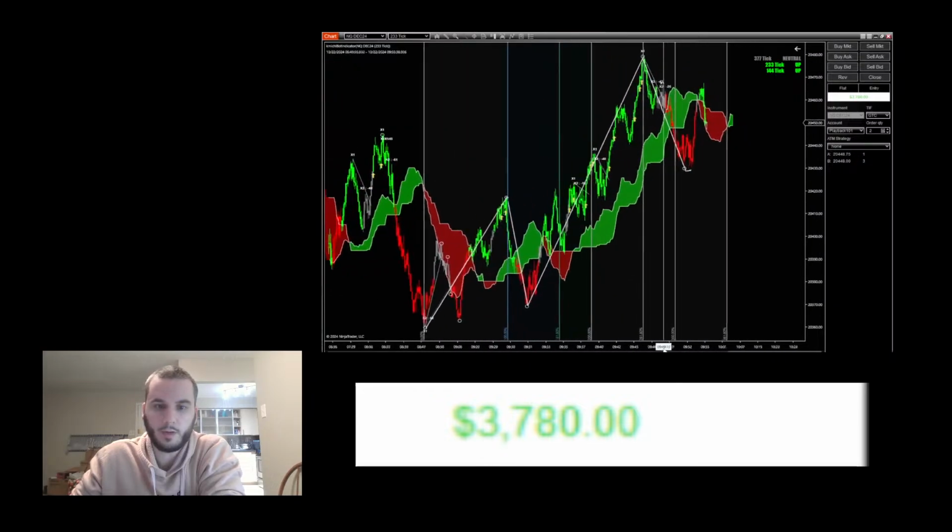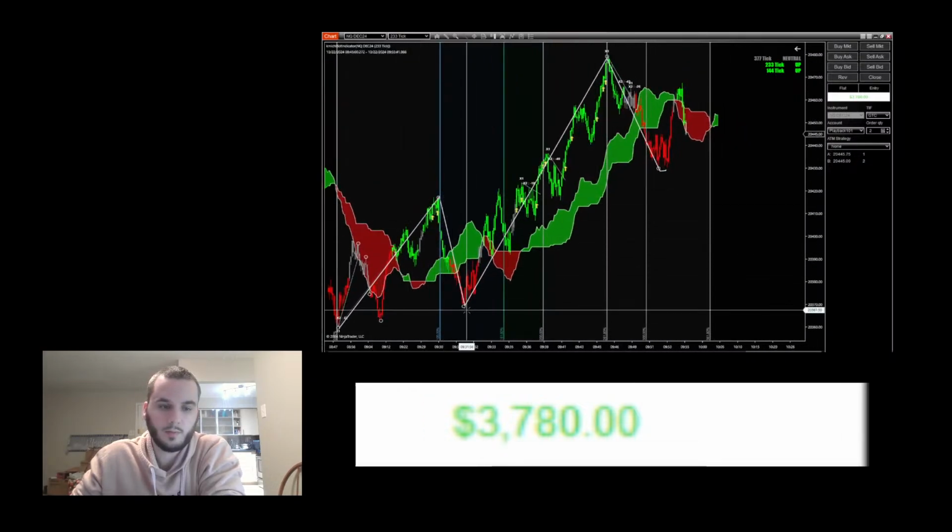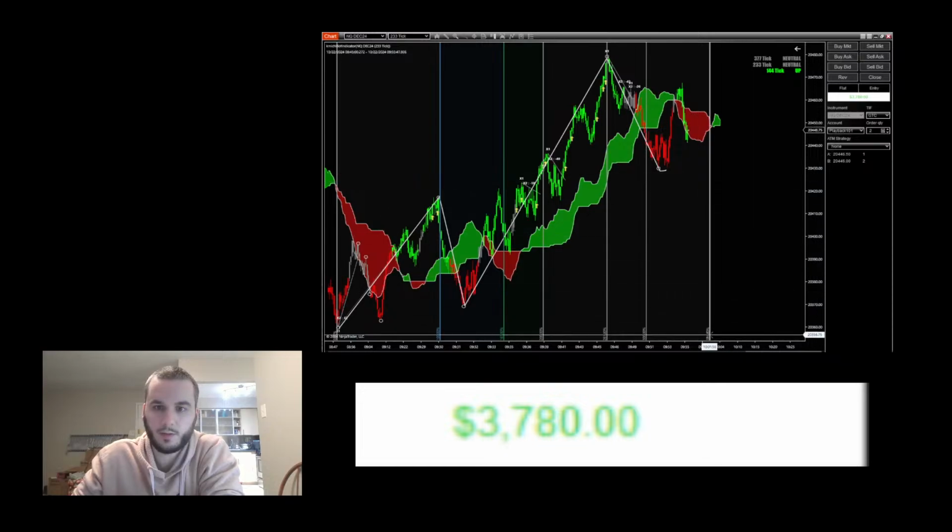for an opening range breakout. You got the first impulse wave correction, second impulse wave correction.